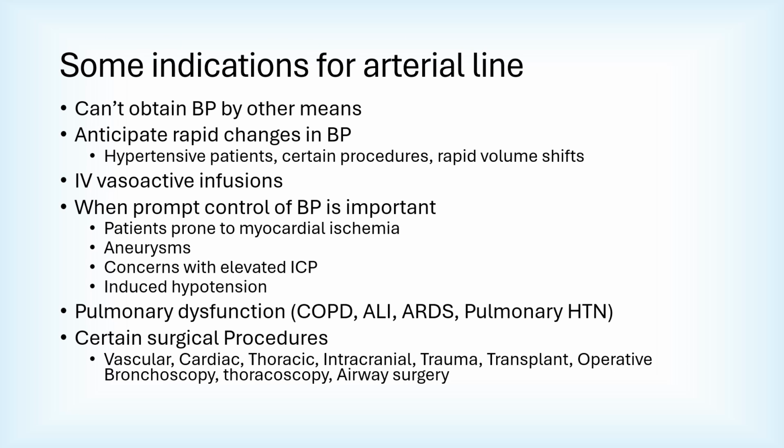Indications include, but are not limited to, if you can't obtain blood pressure by any other means, when you anticipate rapid changes in blood pressure, including use of vasoactive infusions, or when prompt control is important, pulmonary dysfunction, as well as certain surgical procedures.